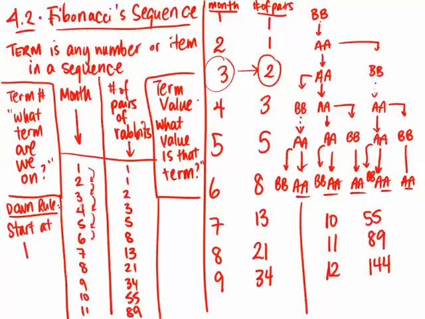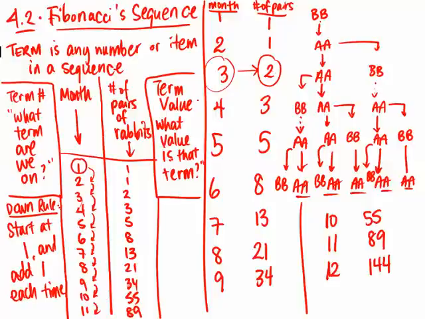Well, it's quite an easy pattern because I'm just counting up, normally by ones. So the down rule is start at 1 and add 1 each time.